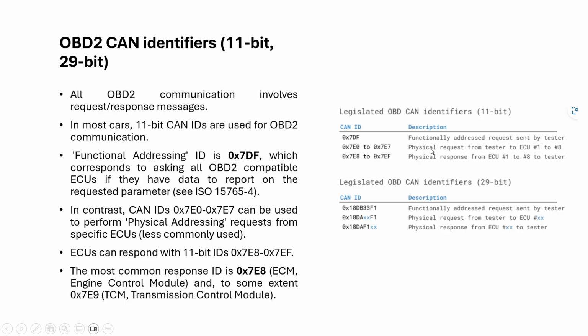The ECU which is responding to the specific physical address can respond with the CAN ID of hexadecimal 7E8 to 7EF, which is dedicated for physical response from ECU number 1 to ECU number 8 to the testing equipment. So this is the CAN ID information that is allocated for diagnostic of vehicle using CAN bus on OBD2.